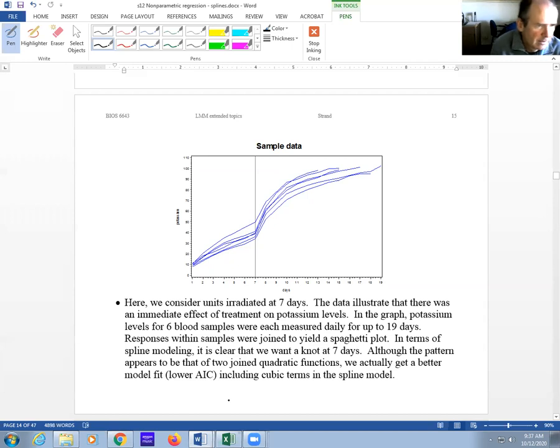So any thoughts on modeling this data? Like what kind of terms we would need? In this case, if we try to join 2 lines, it wouldn't look so great. Maybe the first part would be okay, right? We have a straight line coming through there, and then that's still not very good.